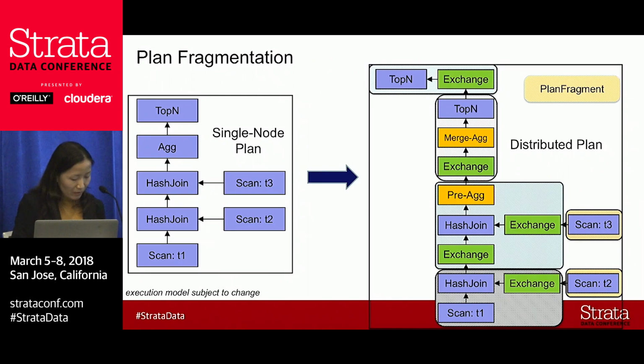So the fragments usually break down at the exchange level. Whenever you have an exchange, that means you need a new, separate fragment, because you don't have the full picture of the data. You need to rely on the exchange to shuffle the data around to continue the next step.